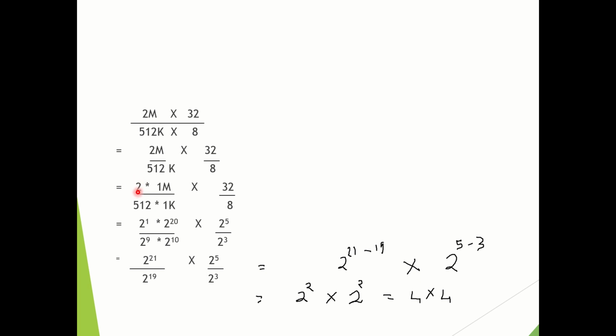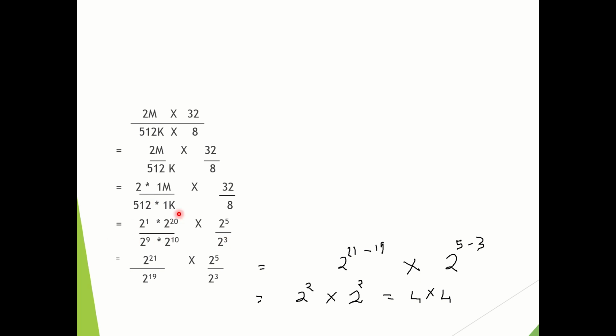The 2 we can write as 2 to the power 1, and 1M is equal to 2 to the power 20. So we can write the numerator as 2 to the power 1 into 2 to the power 20. The denominator, 512 into 1K, we can write as 512 is 2 to the power 9, into 1K which is 2 to the power 10. And we write 32 as 2 to the power 5, divided by 8, which is 2 to the power 3.